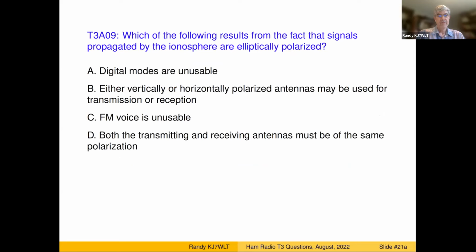And then this one, which of the following results from the fact that signals propagated by the ionosphere are elliptically polarized? So what this means is if we're sending signals, say, vertically up at some angle, but they're horizontally polarized because we've used some horizontal antenna, then as they get bent in the ionosphere, the electrons start vibrating and then they radiate energy.